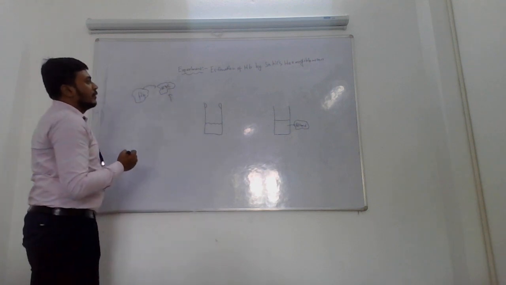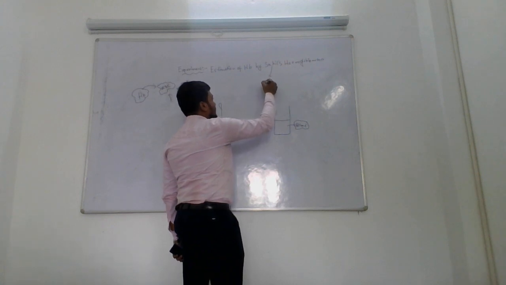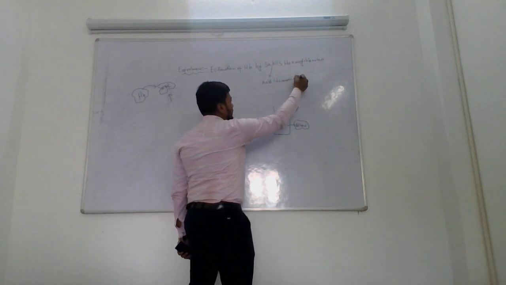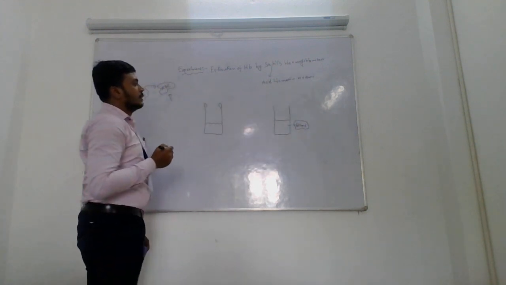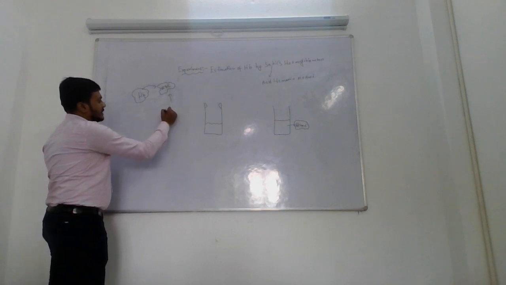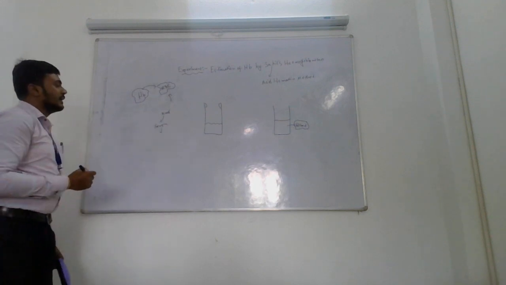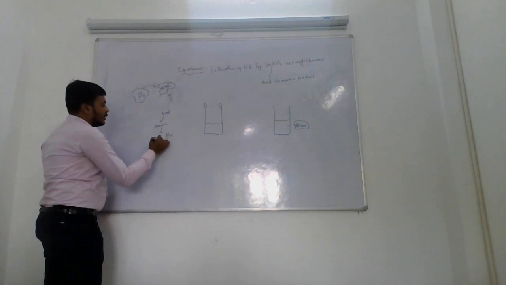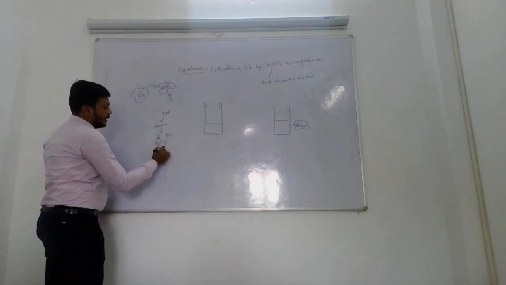Talking about Sahli's hemoglobinometer, its other name is the acid hematin method. Why is it known as the acid hematin method? In that experiment, we take blood as a sample, and we use HCl for the breakdown of the RBCs available in that sample.